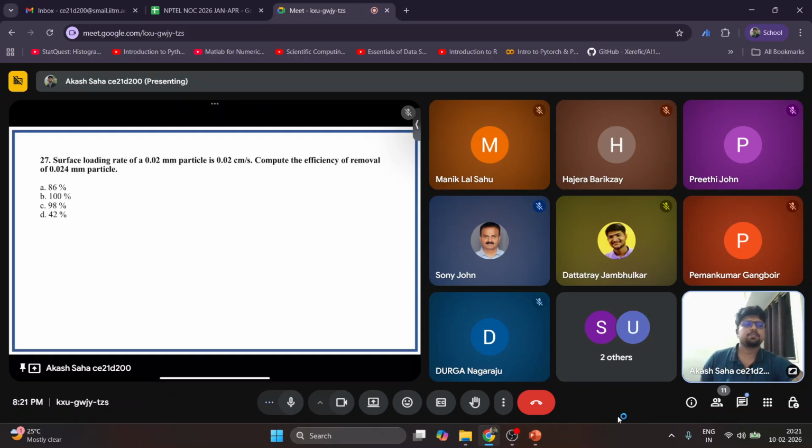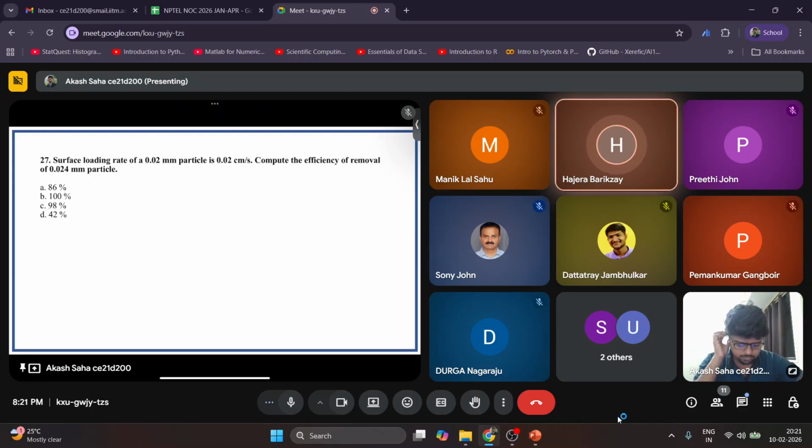Any idea? How is B the correct answer? Can you explain? Like we have D to be 0.02 centimeters per second, and the V naught is like 0.024.